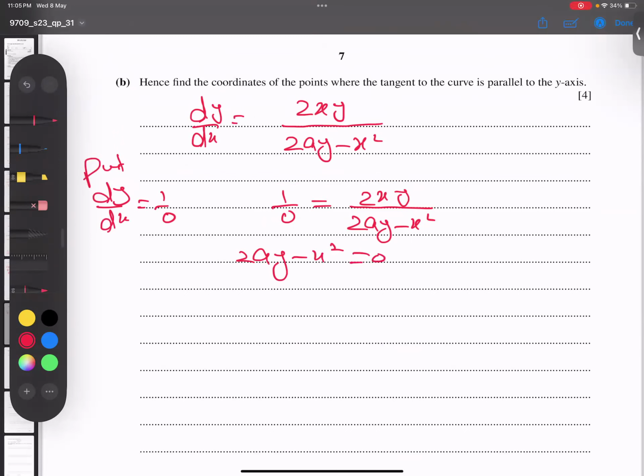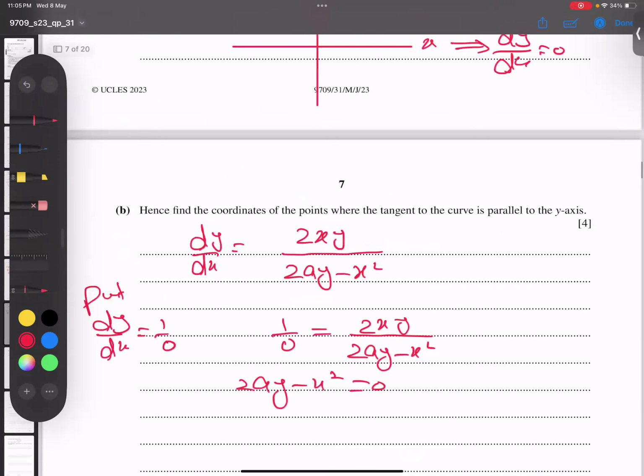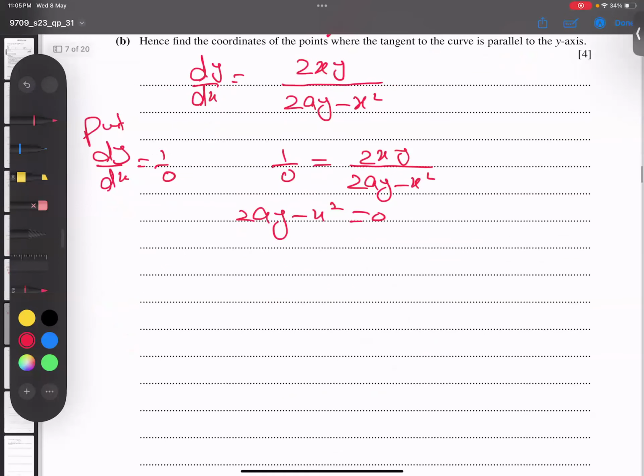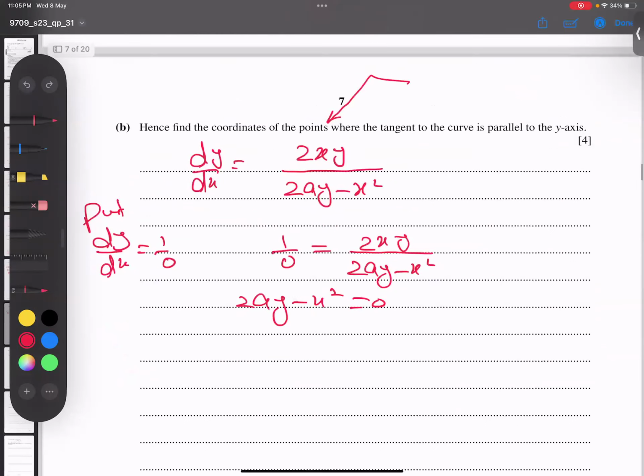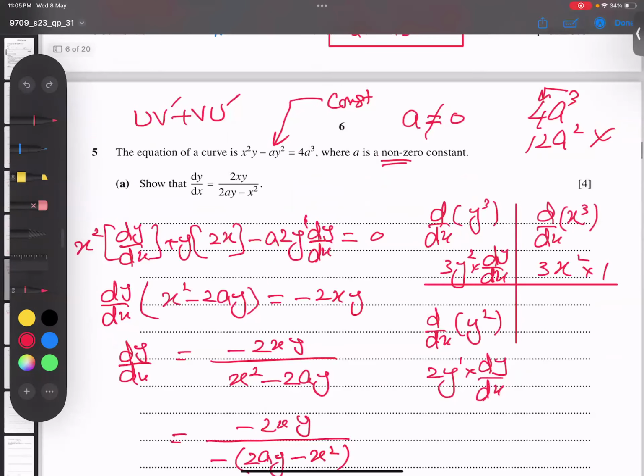Okay, now, students, what to do onwards? Read the statement: coordinates of points, not one point, points. It means maybe more than one point. Okay, 100%, we can get it from here. Now how to get rid of this problem, because we have two different variables, even a constant and a variable also. So what I will do, students, I will copy the question: x square y minus a y square is equal to 4a cube.